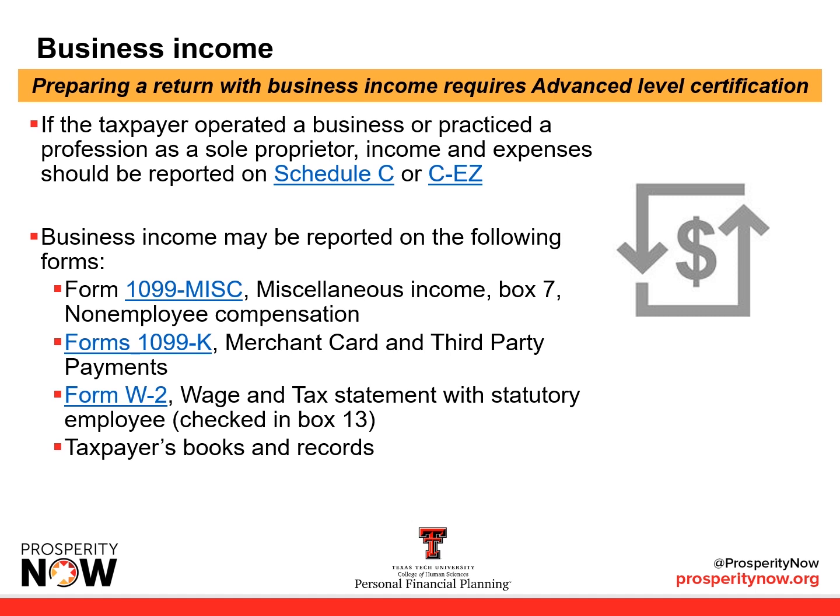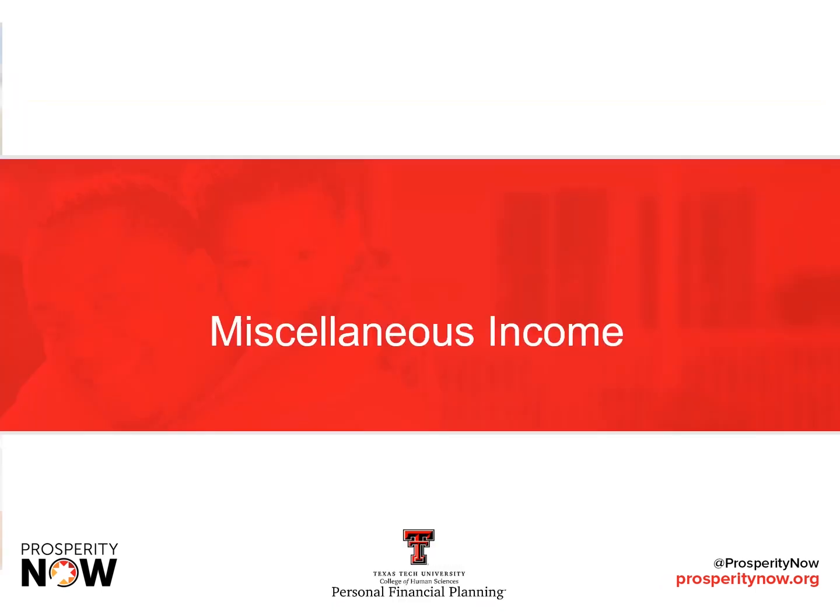Business income may be reported on the following forms: Form 1099 Miscellaneous, Form 1099-K, Form W-2, or the taxpayer's books and records. So what is miscellaneous income?